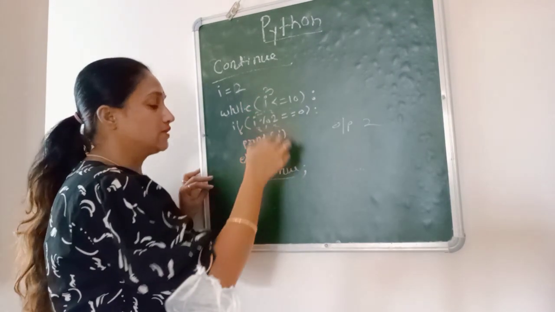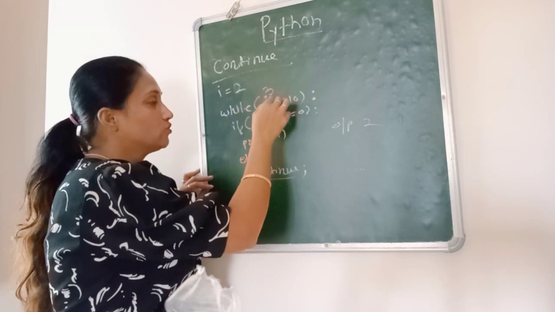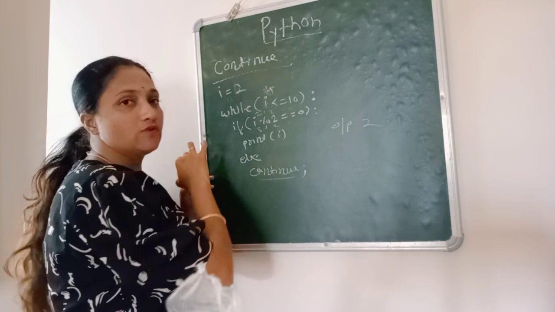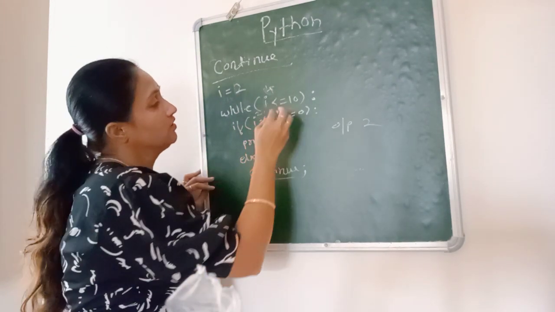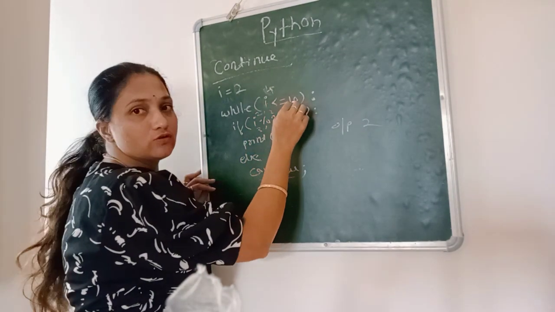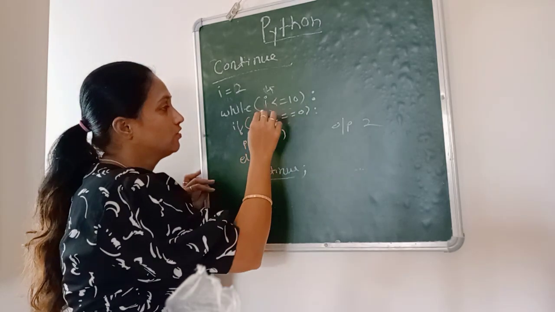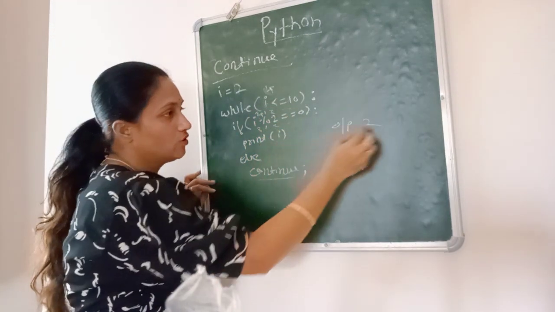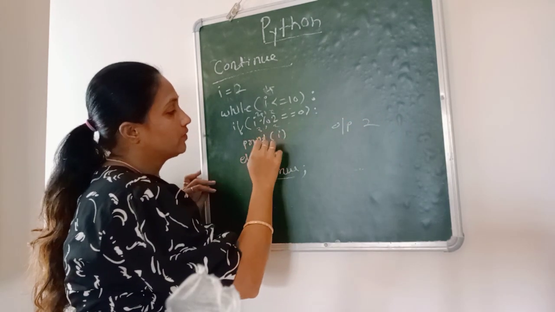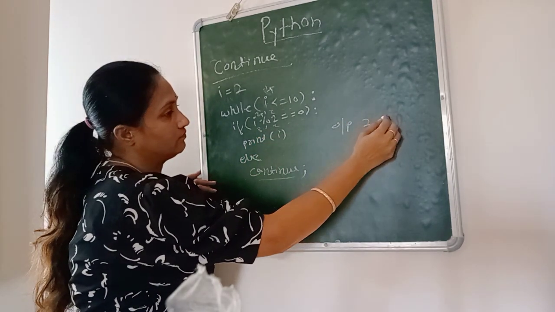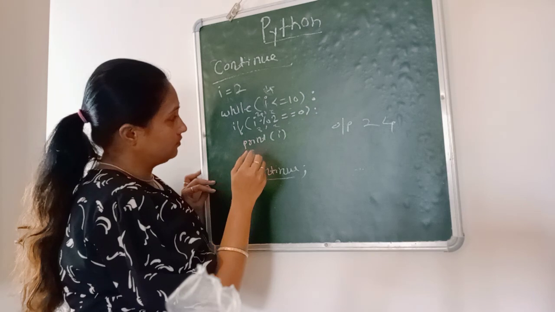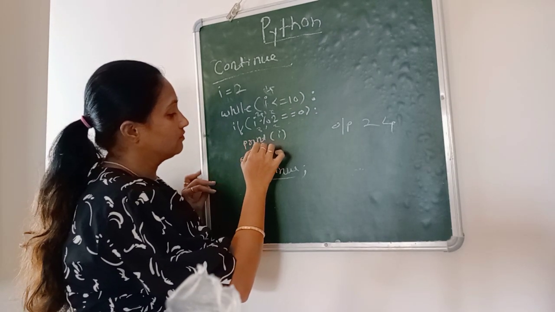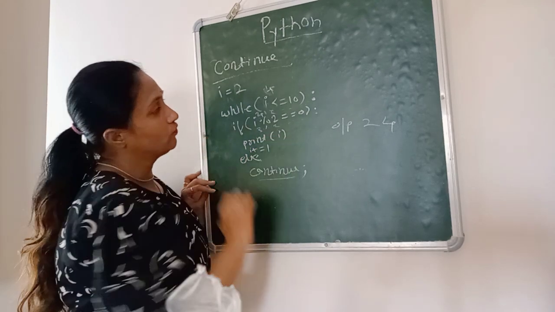Now it goes to the next iteration, so i's value becomes 4. 4 less than or equal to 10, condition true. 4 mod 2 equals to 0, this condition is also true. So it will print the value 4. And one more thing, here don't forget to write I plus equals to 1.